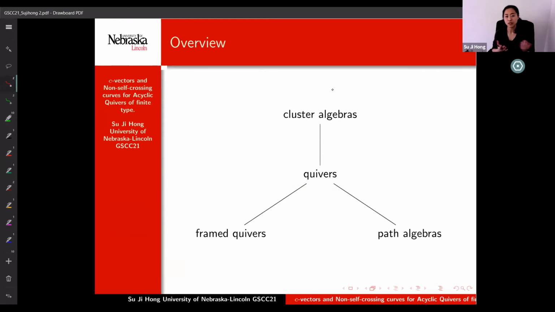For example, we can use quivers to define cluster algebras, or to define path algebras, and we can also look at frame quivers. The representations of these path algebras, the quiver representations, are related to root systems and their positive roots, which I will mention briefly later.